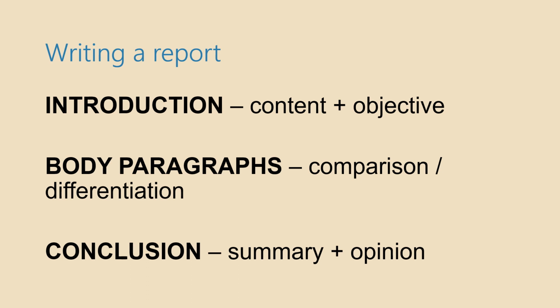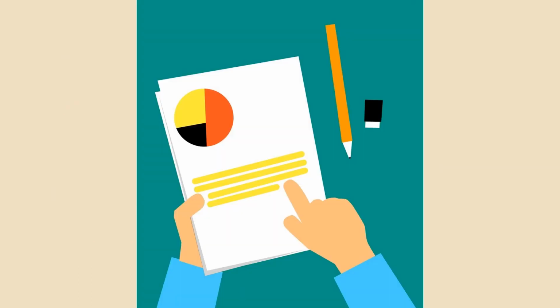This is where you will write your summary and provide your opinion. Don't forget, you need to have 4 paragraphs in your report. Before you hand it in to your teacher, don't forget to check grammar and spelling. Good luck!